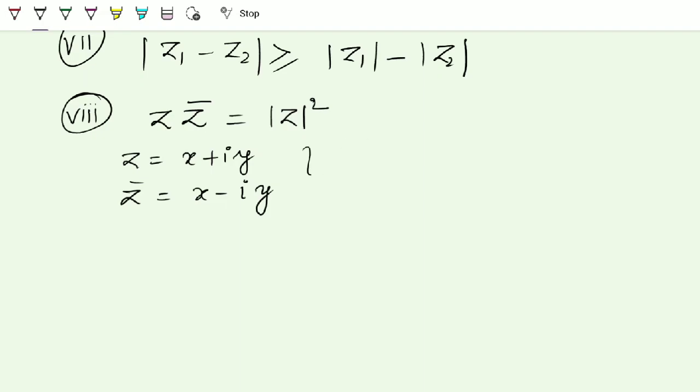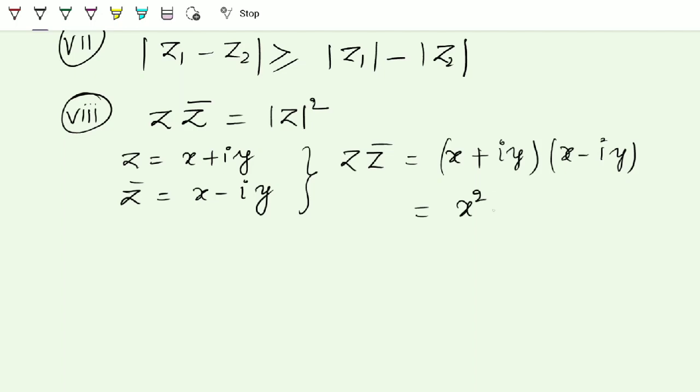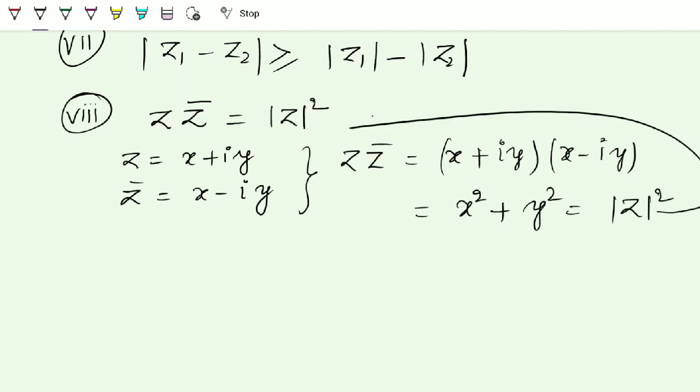On multiplying these two, we get x plus iota y multiplied by x minus iota y. On simplifying we get x square plus y square, which is equal to mod z square, which is the required relation.